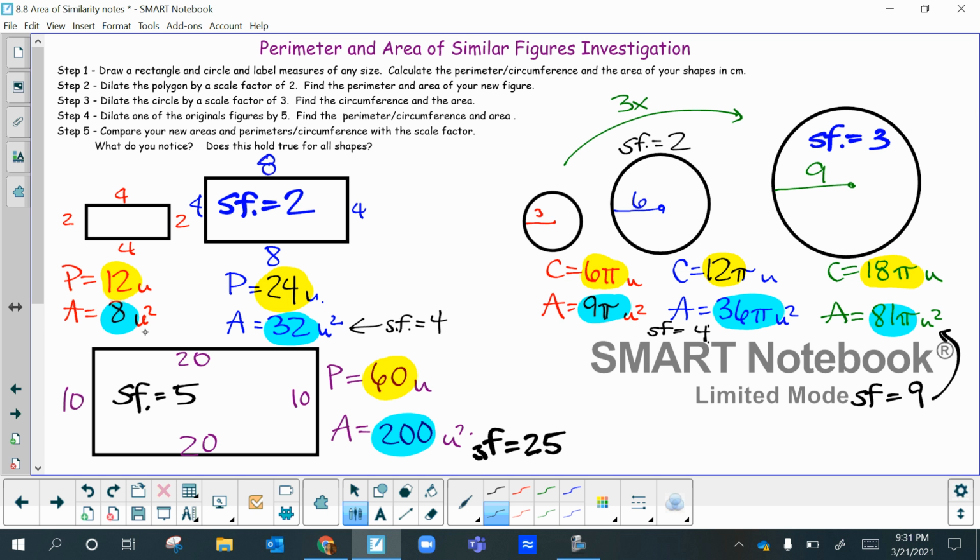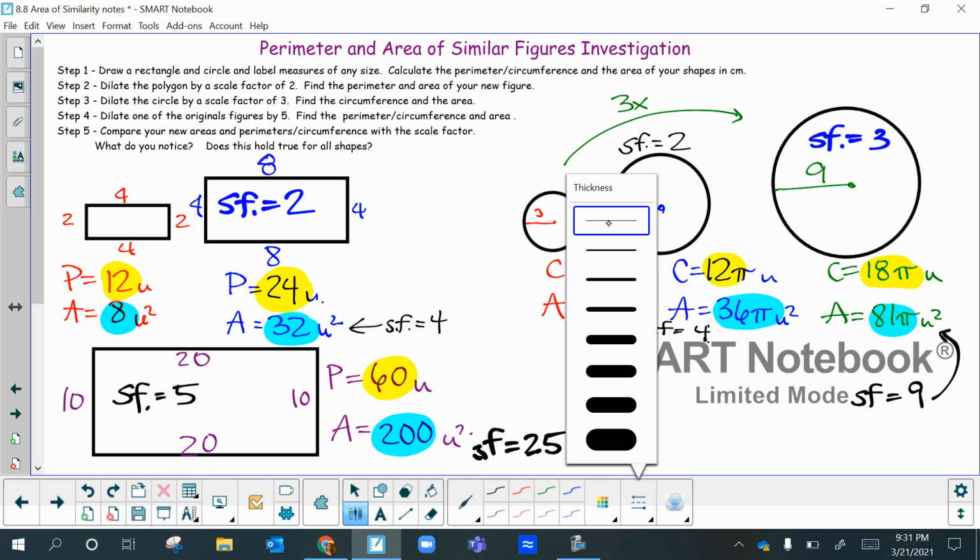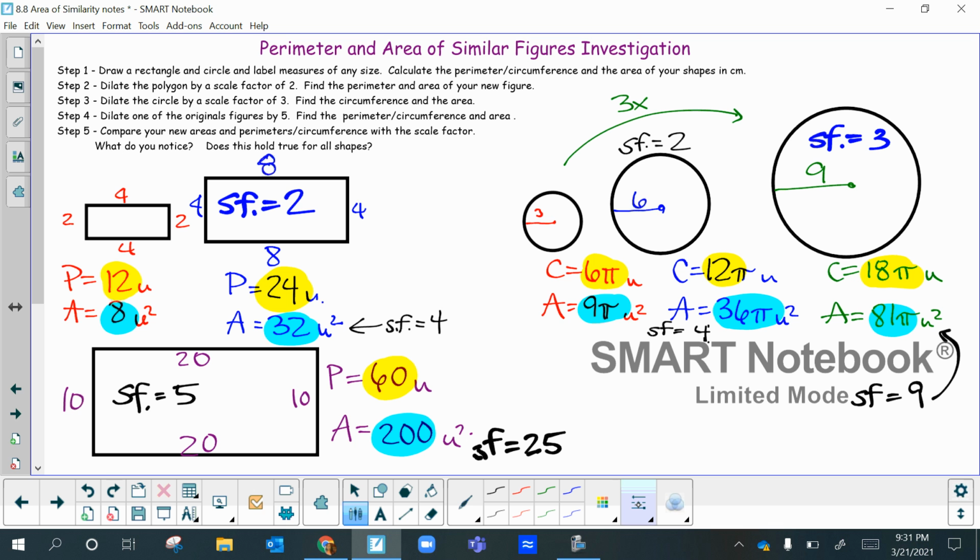So something to realize is the perimeter is in regular units like the side lengths. Therefore, it's going to be the same. The area is in different units. So your area ratio is always going to be based on whatever the scale factor is. If the scale factor is 1 to 2, or say 2 times bigger, then your area scale factor is going to be 2 squared times bigger, because that's what happened every time right here.